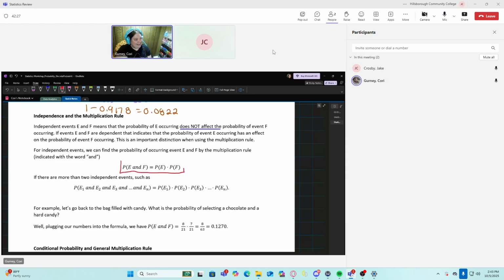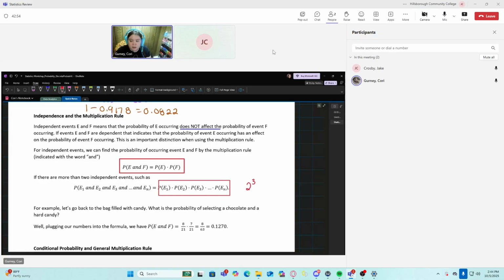So for independent events, we're just going to use the probability of E times the probability of F. This one is the same formula, but with more than two events. You'll see that sometimes, like 2 raised to the third power.